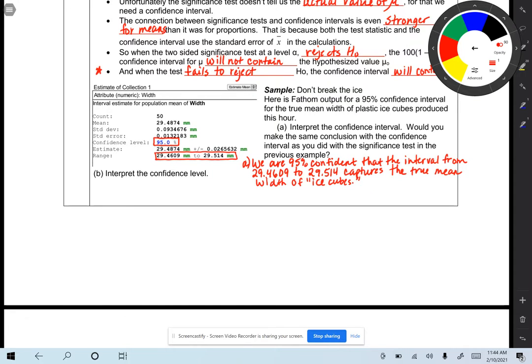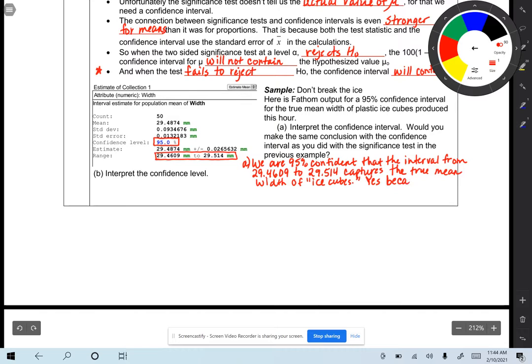In part A, would you make the same conclusion with the confidence interval as you did with the significance test in the previous example? Well, in our previous example, we failed to reject the null. So the answer is yes. And here's why.